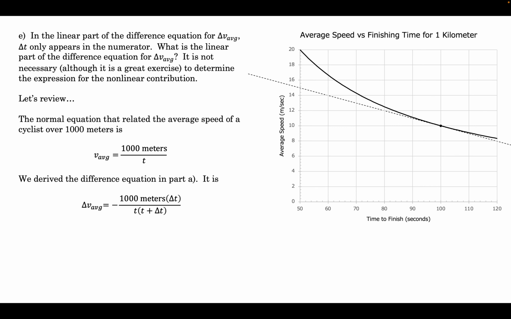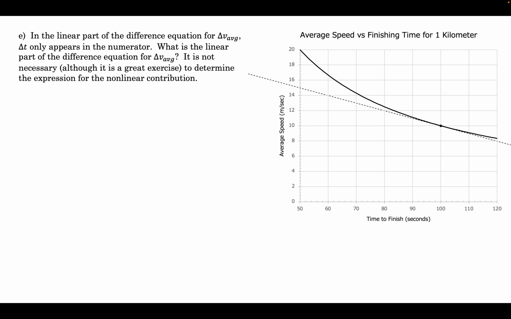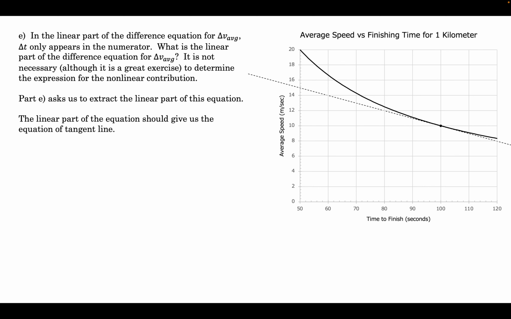And here it is. We checked this by using the normal equation twice. We know it's right. When we did it, we got 0.10101 for delta V average both times. All right, now we're ready to extract the linear part. It should give us the equation of the tangent line.